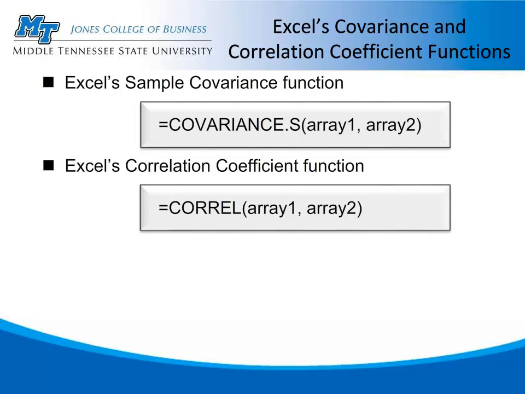So for example, here I have 5 values. Let's say that the x values were in column A and they were in the first entry, the second entry, the third entry, the fourth, and the fifth entries. So I would do covariance.s left parenthesis A1 colon A5 comma.